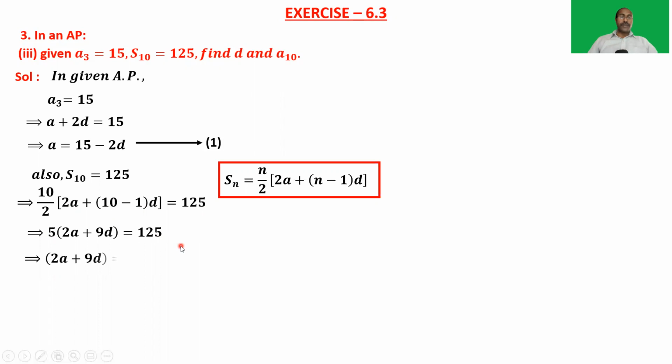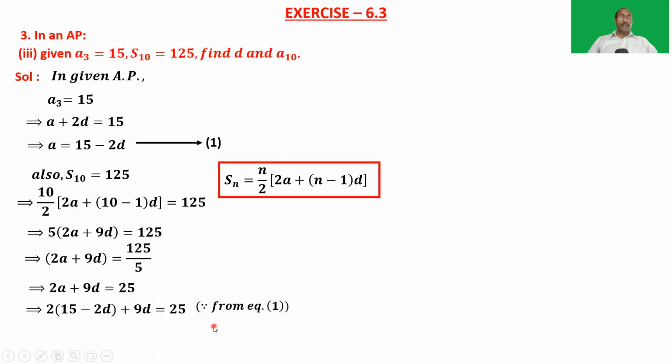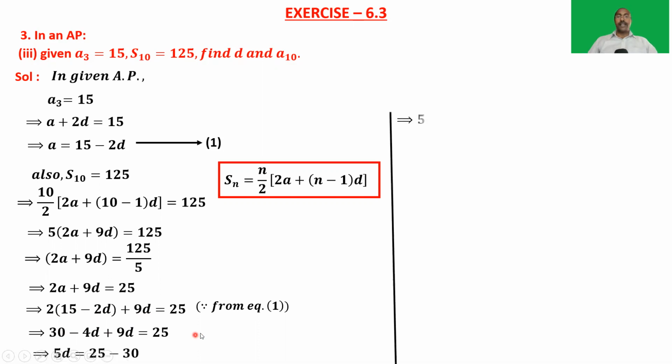From this, we can write 2a plus 9d is equal to 125 by 5, which is equal to 25. Now substitute A is equal to 15 minus 2d, from equation 1. We can write 30 minus 4d plus 9d is equal to 25. That is 5d is equal to 25 minus 30, which is equal to minus 5, and d is equal to minus 5 by 5, equal to minus 1.